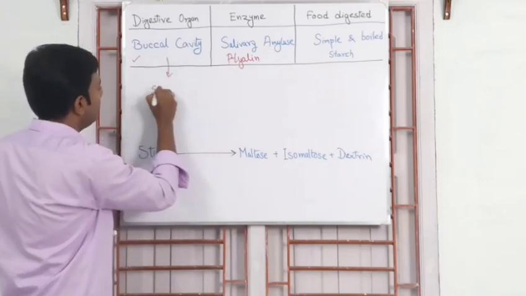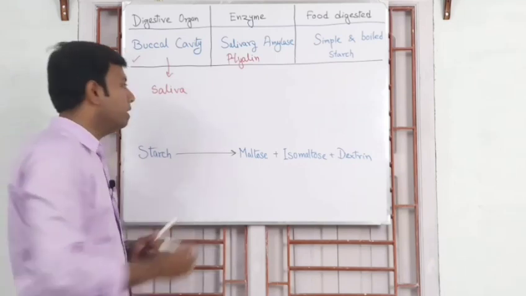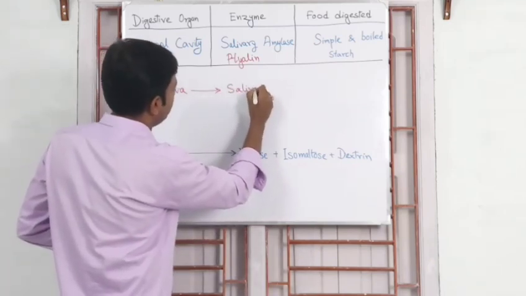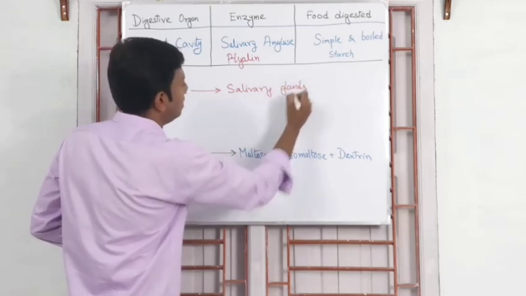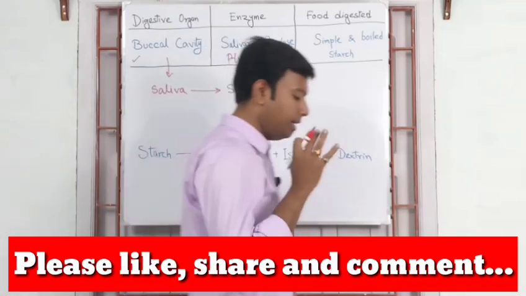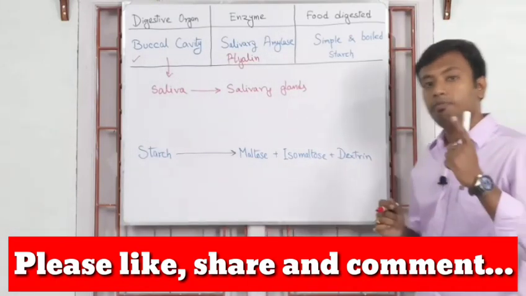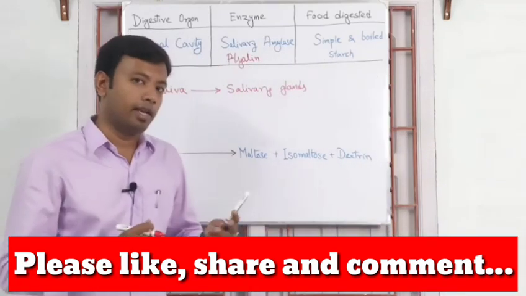So saliva is present in our buccal cavity. Now this saliva is actually secreted from different salivary glands. We all know that there are three different types of salivary glands present in our buccal cavity, that is parotid, submandibular and sublingual salivary glands.